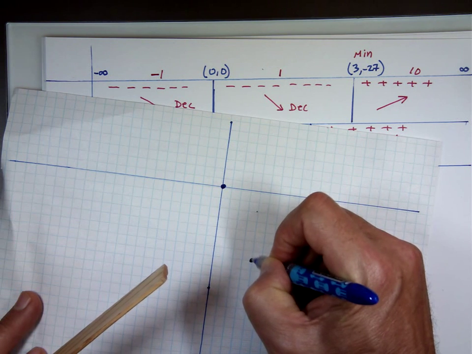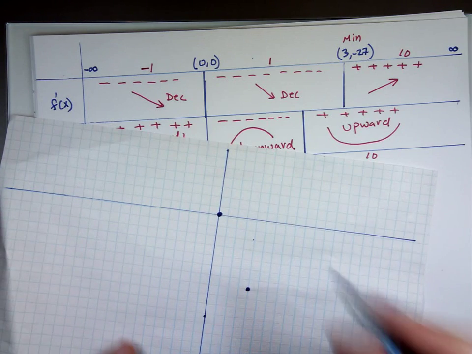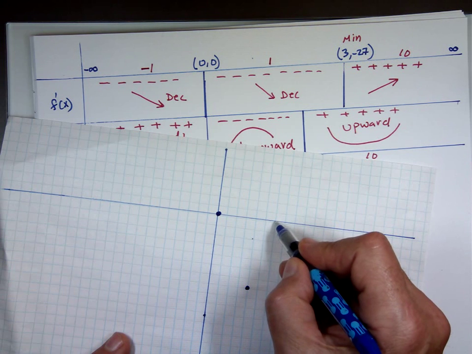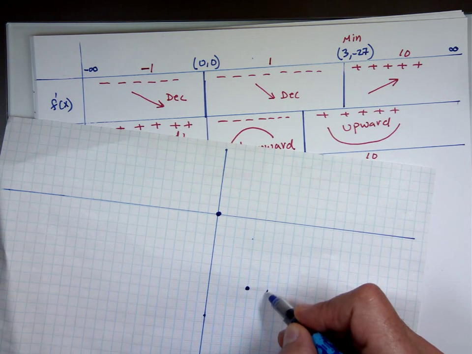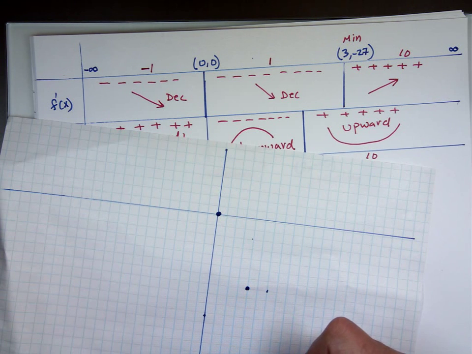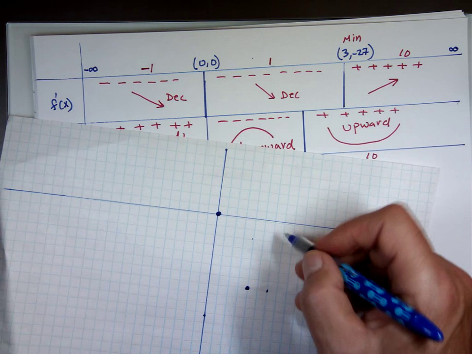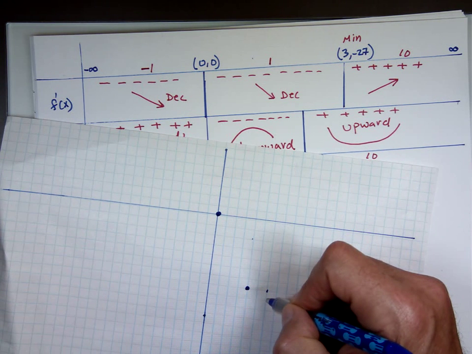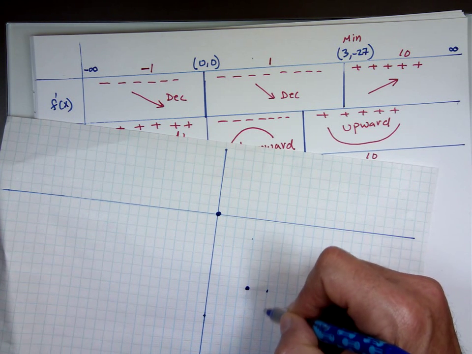On 3 and negative 27, 16, 18, 20, 22, 24, 26, 27 is right here.